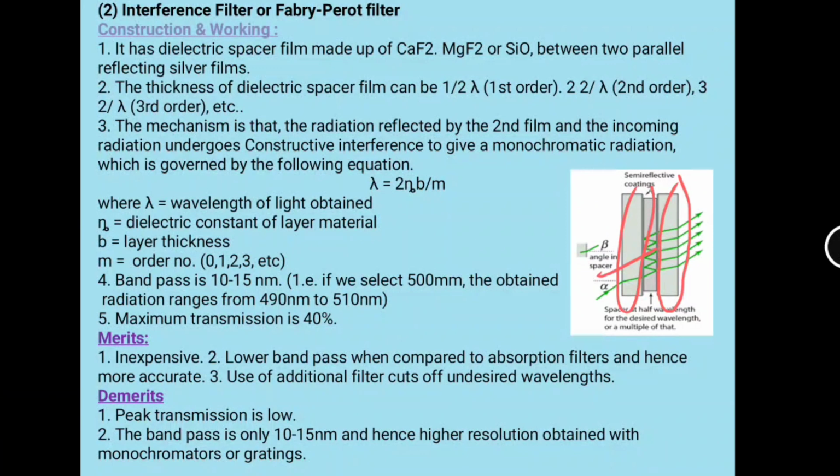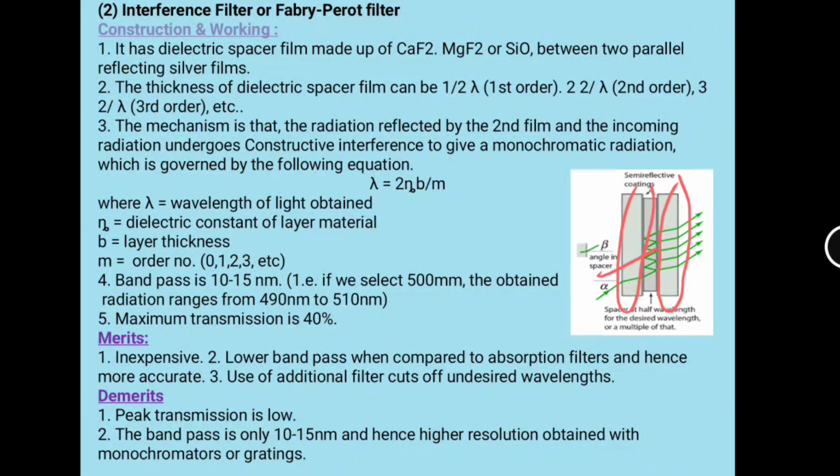This can be governed by the following equation: lambda is equal to 2 nu b by m, where lambda is the wavelength of light obtained, nu is the dielectric constant of the layer material, b is the layer thickness, and m is the order number.